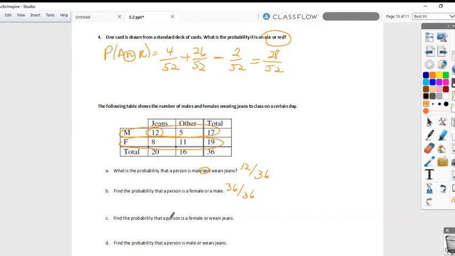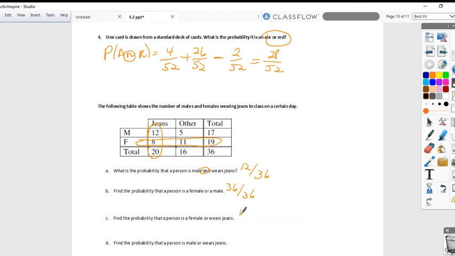Next one. Find the probability that a person is female or wears jeans. So females, 19, wears jeans, 20.